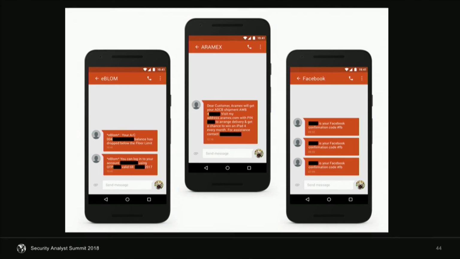Now, from the mobile side, this is just a sample of some of the messaging that we saw that seemed interesting. A lot of things that you would expect, like financial transactions and account information, all done through SMS, giving you alerts that deposits have been made or that you have received a payment, including account information and the amounts and values. We also had instances of shipping notifications sent to the infected phones, and some of these links were actually still active.